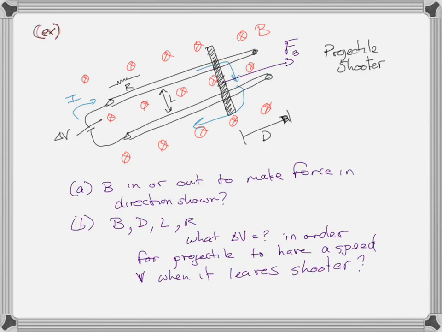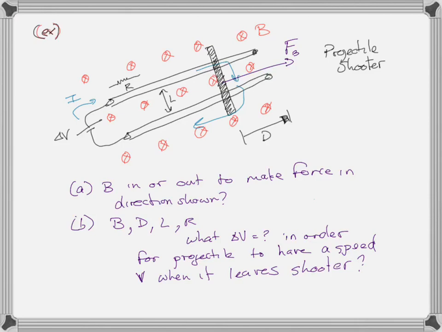I'm just using letters instead of numbers, but we could say we have a 1 Tesla magnetic field, and the rails are 1 meter long. The separation between the rails is 10 centimeters. The resistance of the system is 15 ohms. What potential difference should I set so that the black metal bar leaves the projectile apparatus with a speed of 50 meters per second?